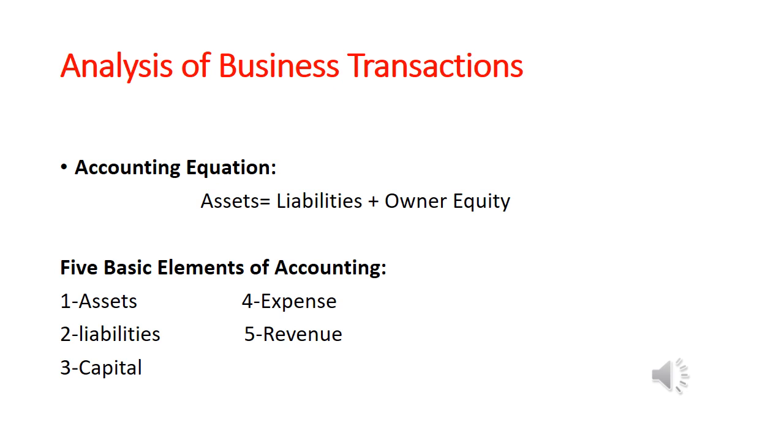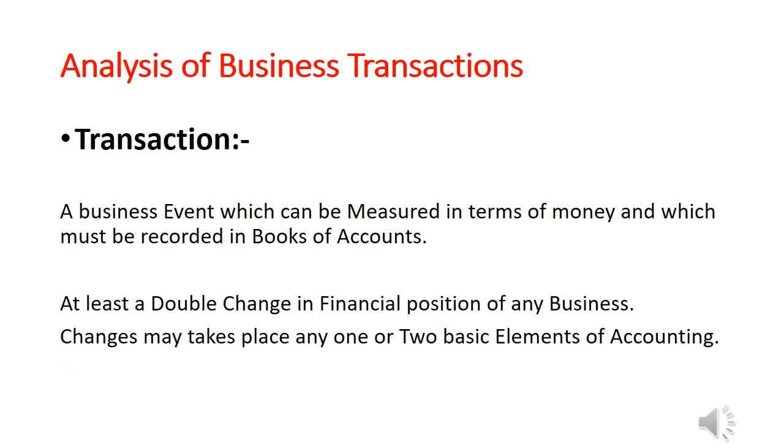You are required to remember an important principle while making the analysis of business transactions: every business transaction brings about at least a double change in the financial position of a business concern. Further moving forward, you must know what a transaction is. Actually, a transaction is a business event which can be measured in terms of money and which must be recorded in books of accounts.